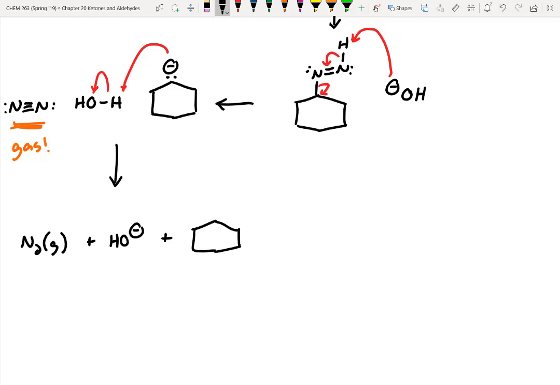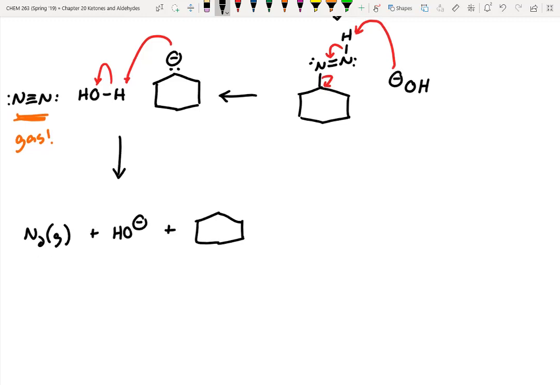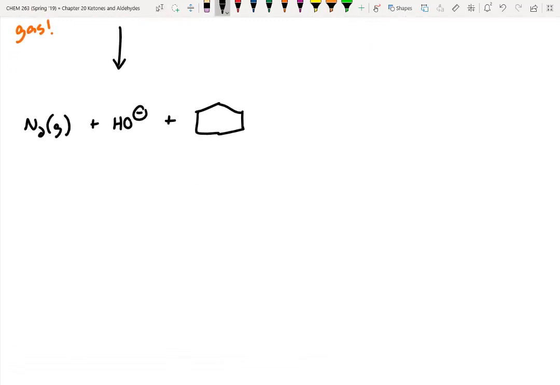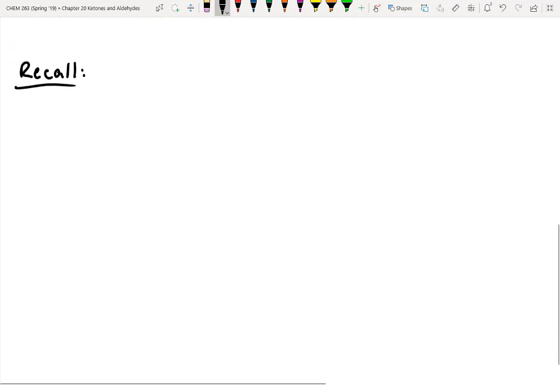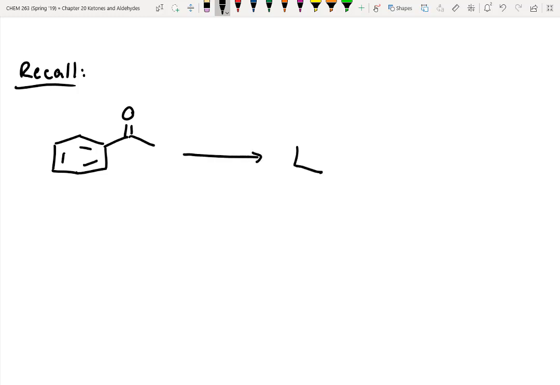All right, so if we think about this, we've seen another reaction that was pretty dang similar where we got rid of a carbonyl group. Who remembers that one? So let's recall. Remember this?